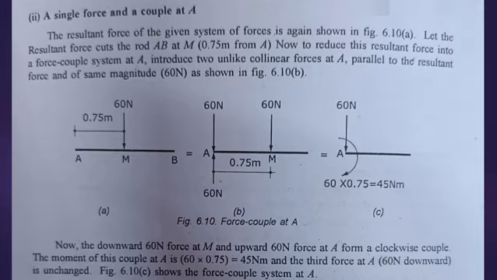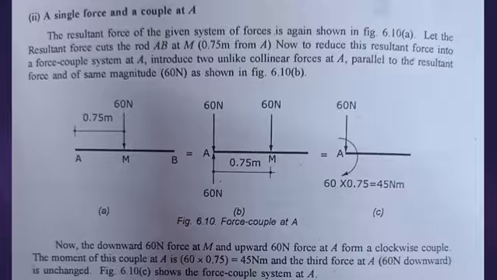Then in the question they asked to find a single force and a couple at A, which means the force couple system at A. Therefore, first we have to take the beam carrying a resultant force at a distance of 0.75 meter from A. At A point we have to consider a resultant force 60 Newton acting in both upward and downward direction.